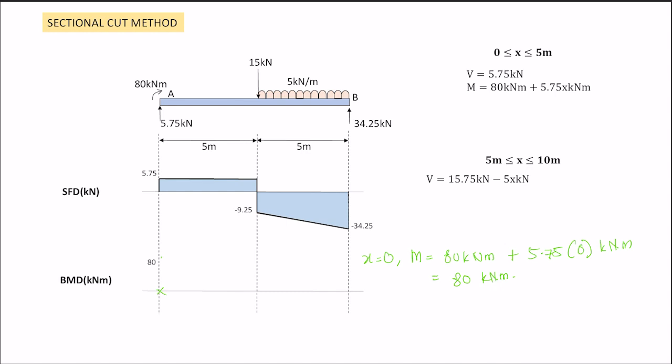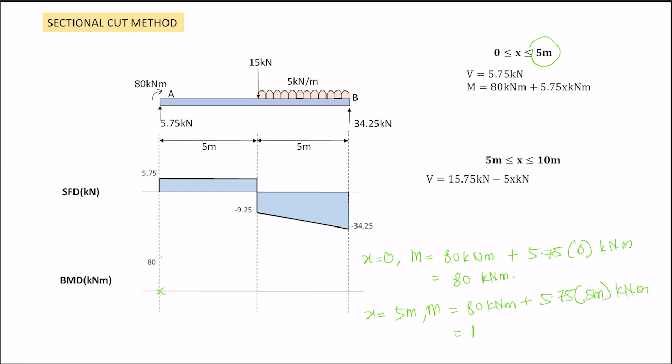And another boundary here is 5 meter, so x equals 5 meter, M equals 80 kilonewton meter plus 5.75 times the 5 meter boundary, kilonewton meter.